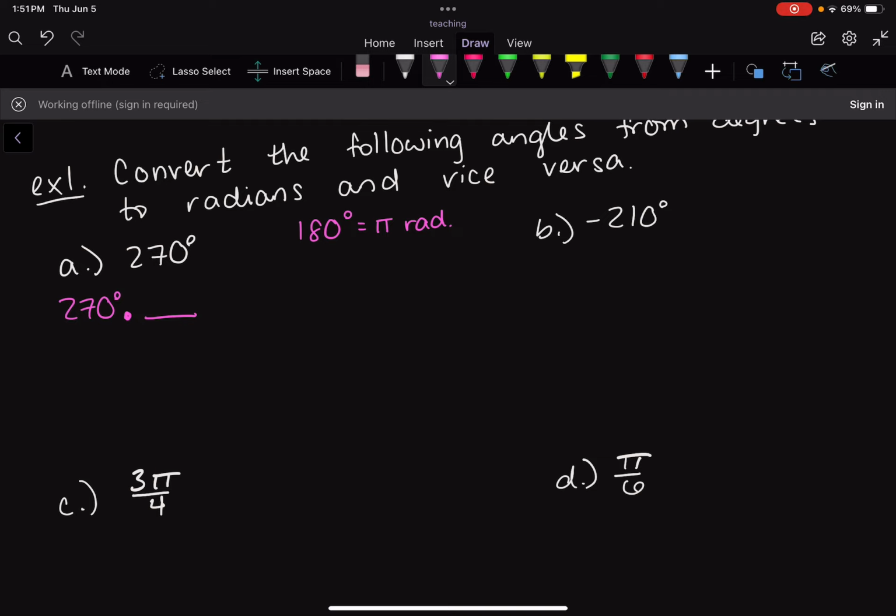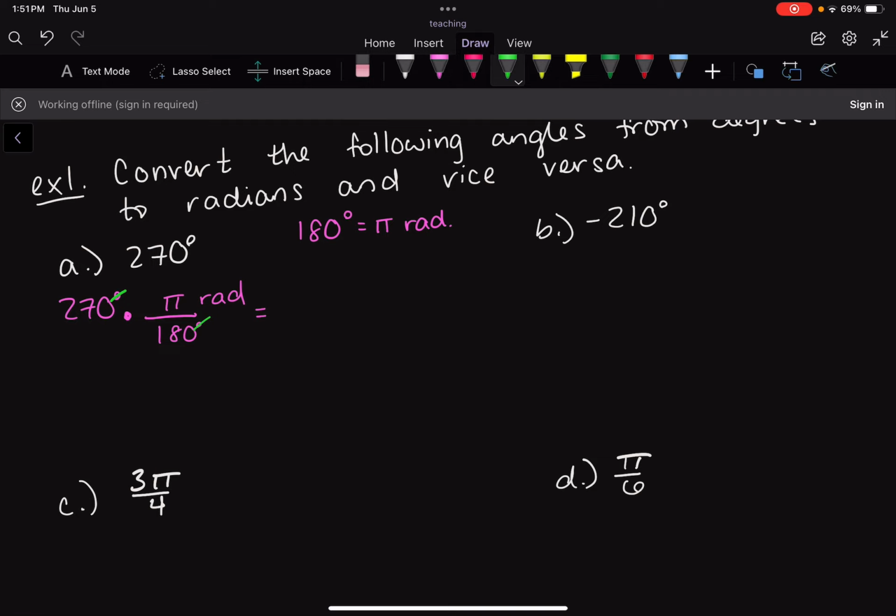So I can use this as a fraction. So I'll do pi radians at the top and 180 degrees at the bottom. Now again, the reason I put degrees at the bottom is so that I could cancel out that unit of degrees and so that I'd be left with radians in the numerator.